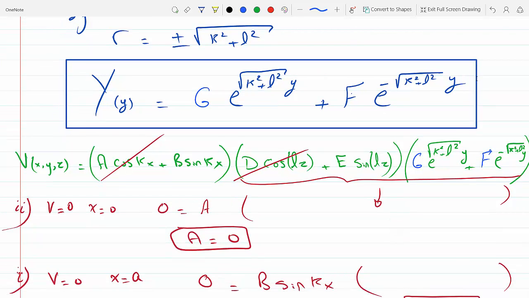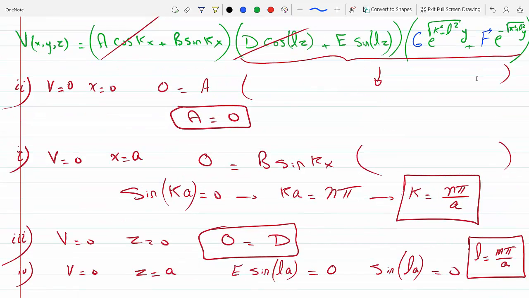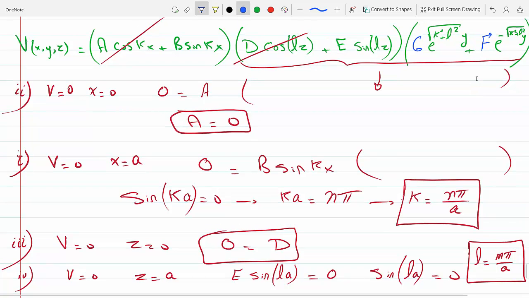Okay, so now I could absorb my sine terms together into one coefficient. These two guys, I can lump them into one coefficient, and since they're multiplying these two guys, all I have left are the B and the E, which I could absorb into G and F. So I have two coefficients left.